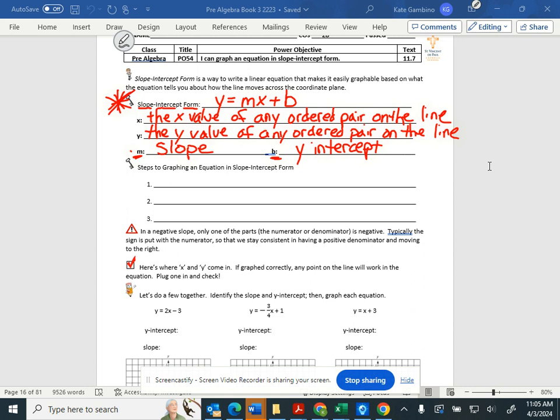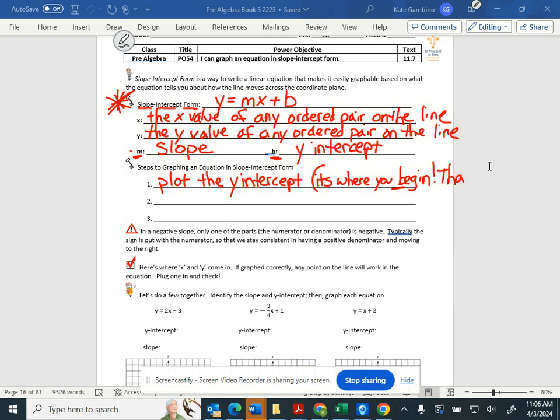So there are 3 steps we want to follow in graphing an equation in slope-intercept form. First thing is you're going to plot the y-intercept. It's where you begin.